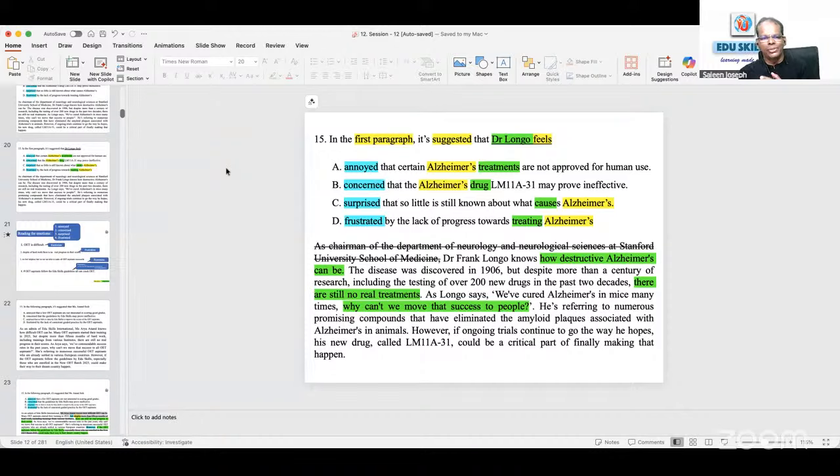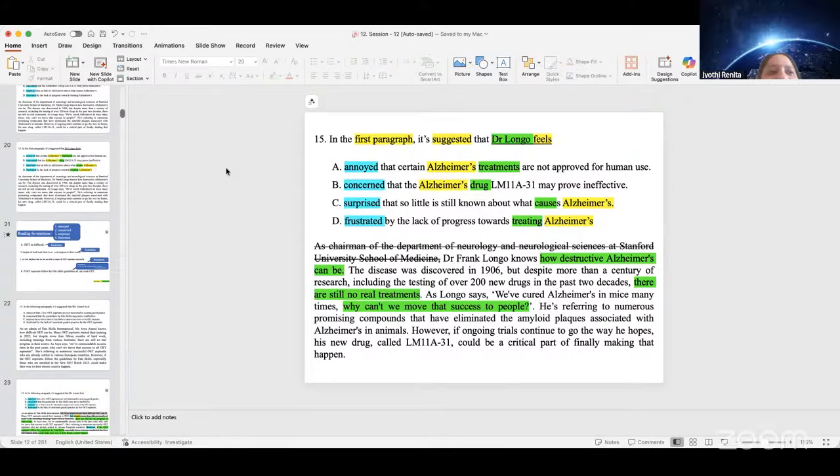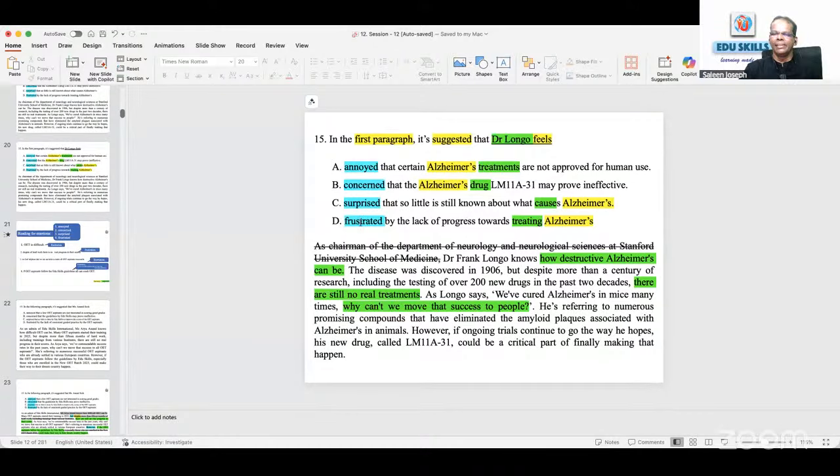How terrible this OET exam is. What is it, are you annoyed or concerned when you say how horrible it is? Are you annoyed? Are you concerned? Are you surprised? Are you frustrated? Frustrated. Yeah. If you understand that, that's enough for getting the answer.